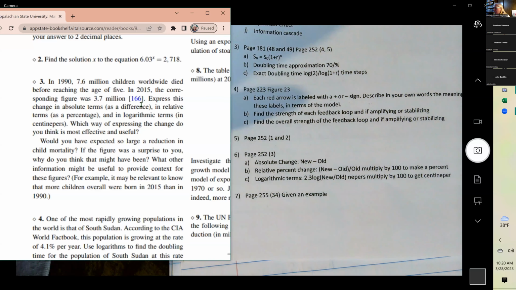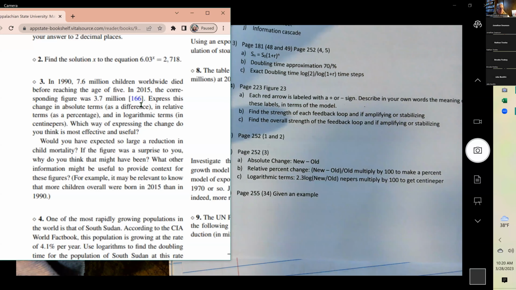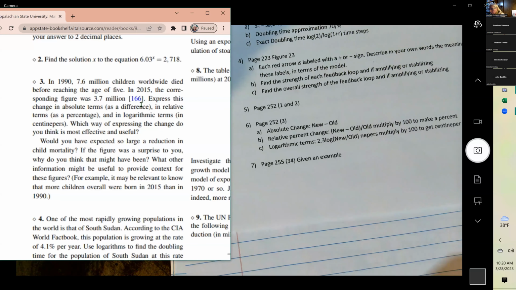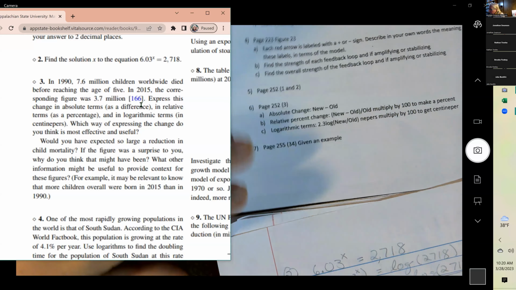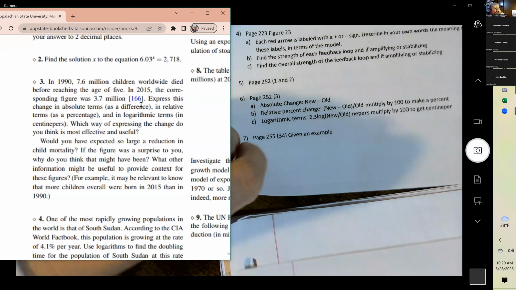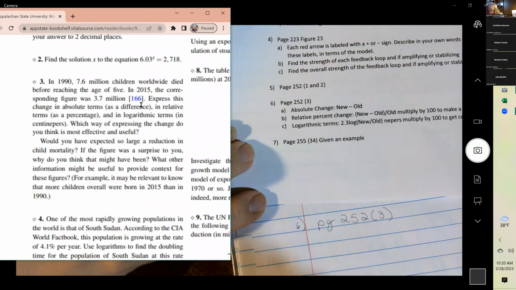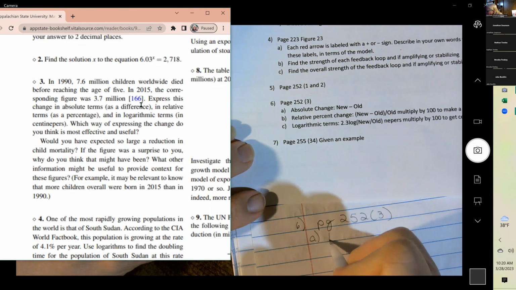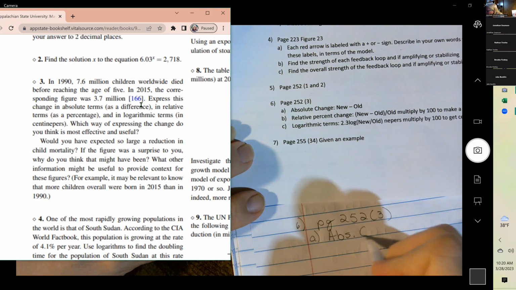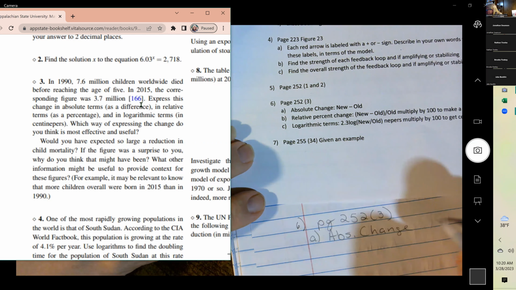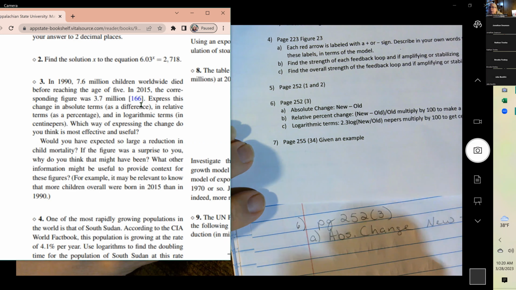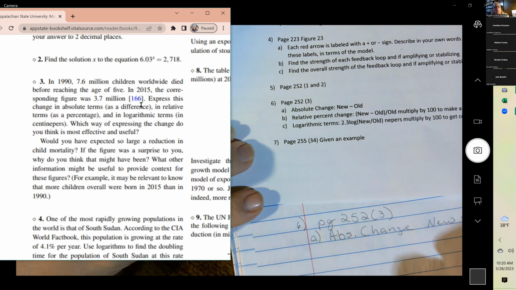Okay, so if we find absolute change, new would be the 3.7 million.